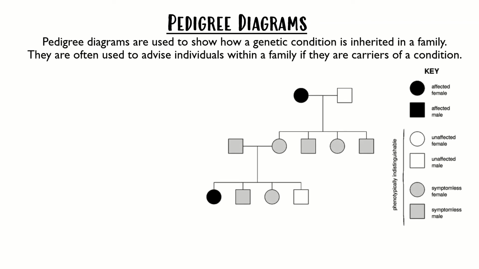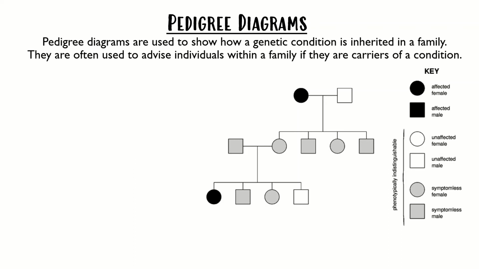In this diagram, you can see that the female is affected, the male is not affected. And so when they are crossed, they give rise to four offspring, two girls and two boys, that are all symptomless. But symptomless means that they carry the recessive allele for the condition. And so they potentially could pass on this allele to their offspring.